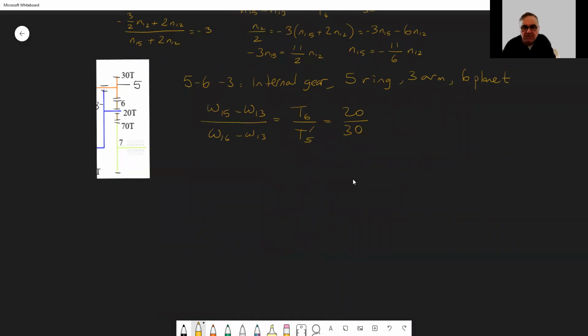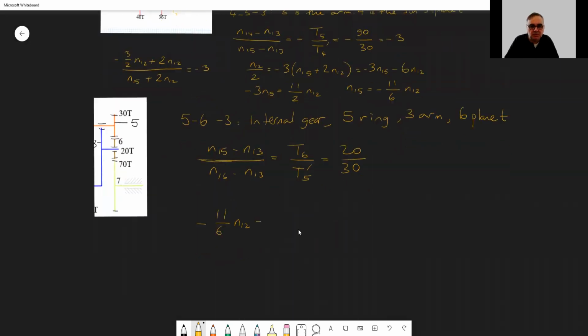From which we can solve for omega 15. I used n there, but it's okay, I can just keep on using n. So n15 is minus 11 over 6 n12 minus n13. n13 was what?